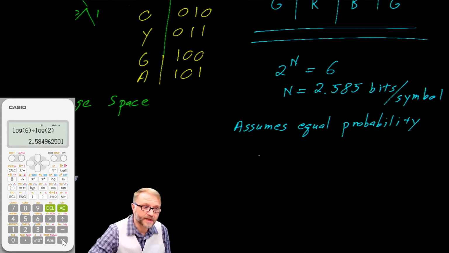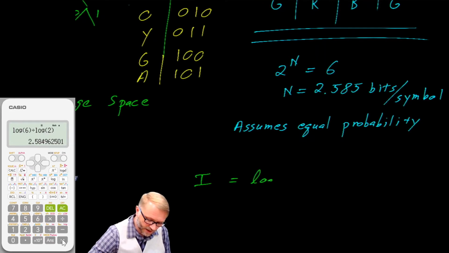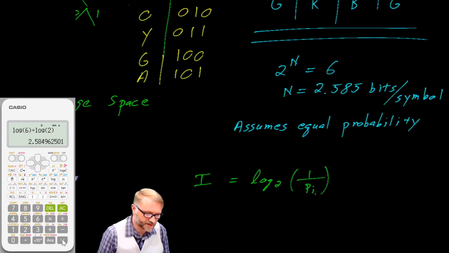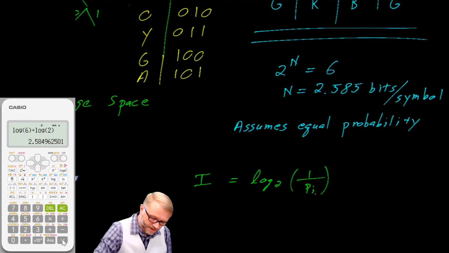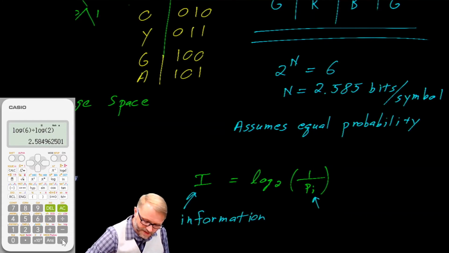Speaking of probability, there is another way we can talk about information. So information is equal to log base 2 of 1 over the probability that a particular symbol will occur. So we can say this is information, and this is the probability of that particular symbol.